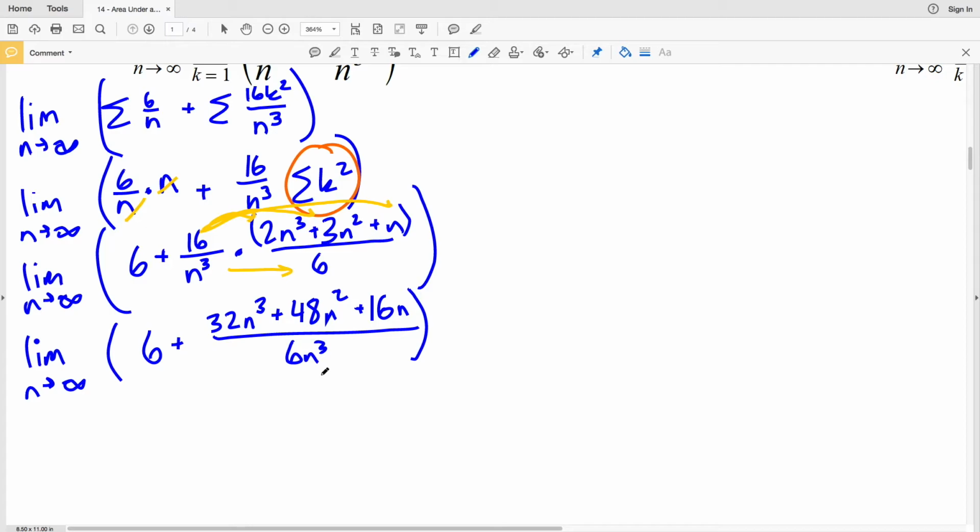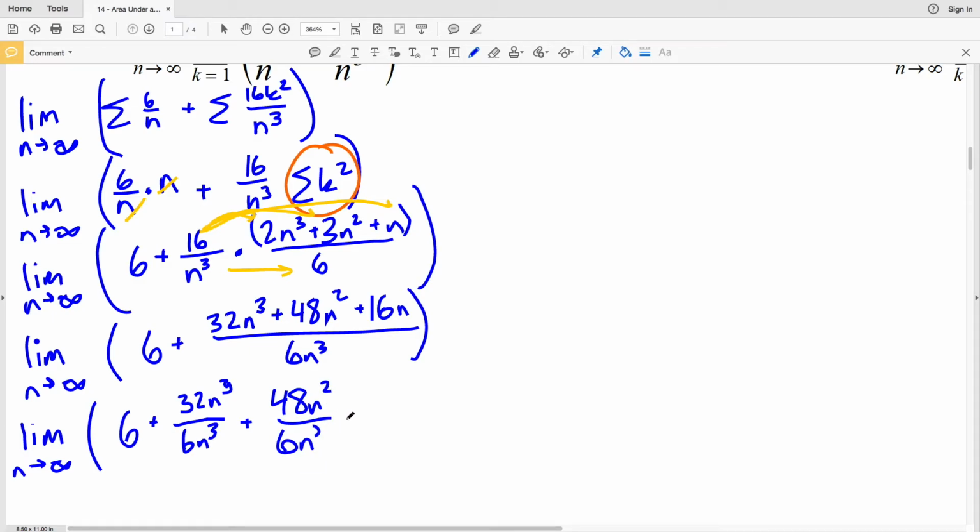Now I'll split up that fraction to help me simplify. So I'll have the limit as n approaches infinity of 6 plus 32n cubed over 6n cubed plus 48n squared over 6n cubed plus 16n over 6n cubed.